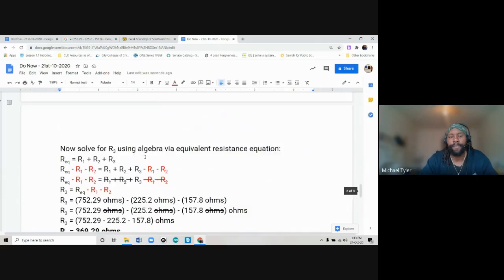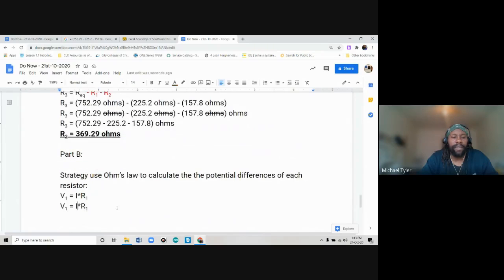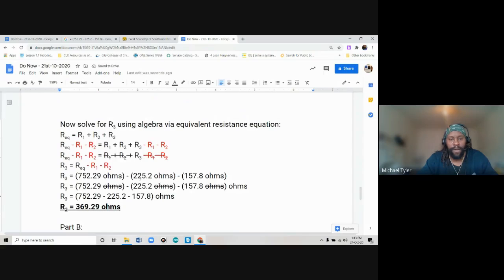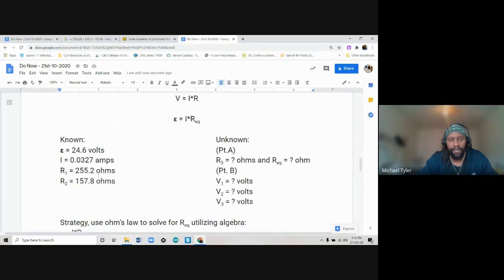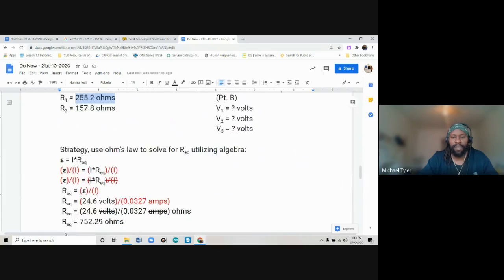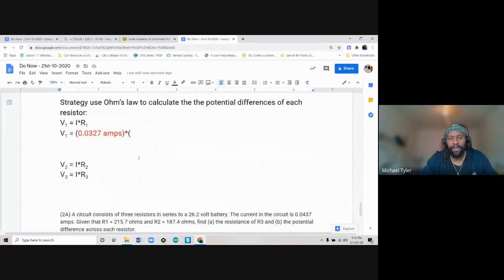Come down, and that's my current, right? What about R1? We know what that is, right? Come back up here. R1 was, I think it's his first value. It was 252.2, right? It's also in your known values. So I'm just going to take this and come downstairs, and that's what goes inside of that one.